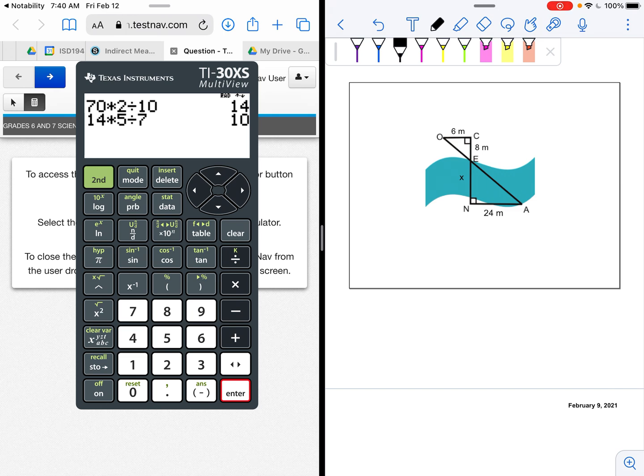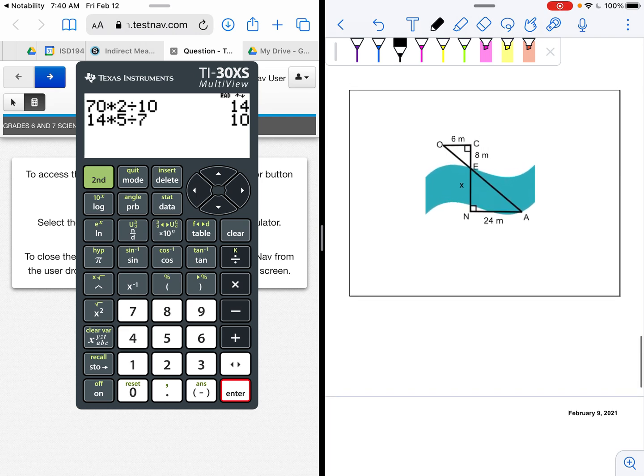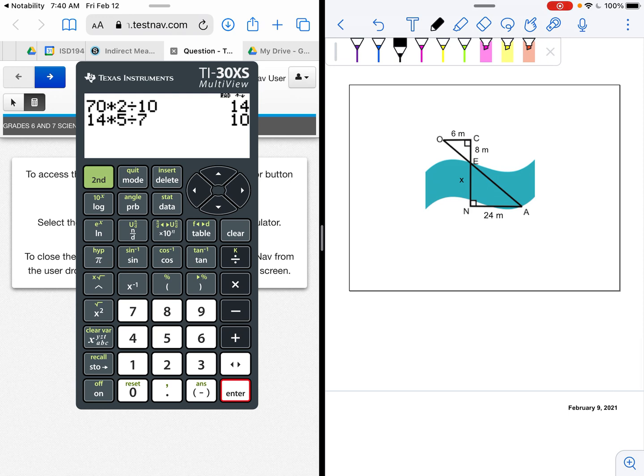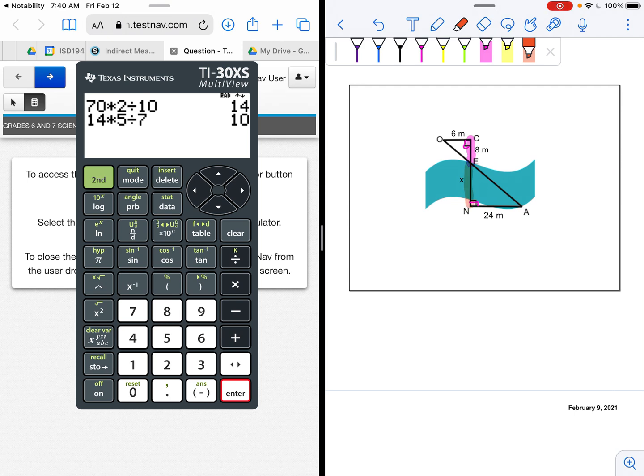This one you have to pay attention to the angles, because these were sitting on top of each other, but then this top triangle swung around. You can see that this right angle relates to this right angle, which means that this side length relates to this side length. When you're setting up your proportion, just pay attention to the angles because they're going to tell you what goes where.